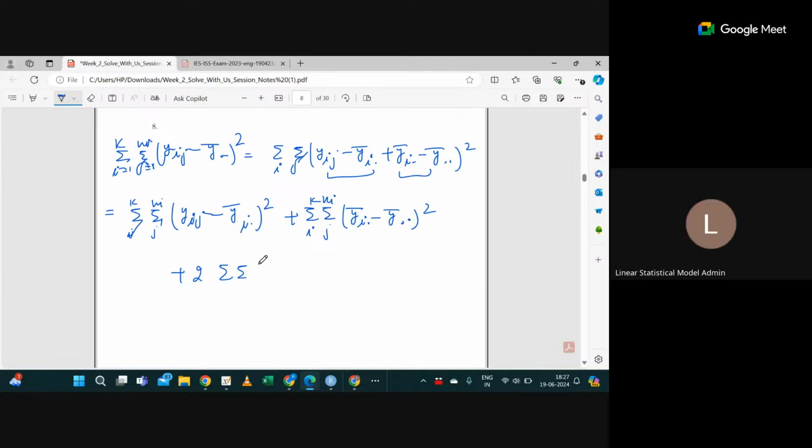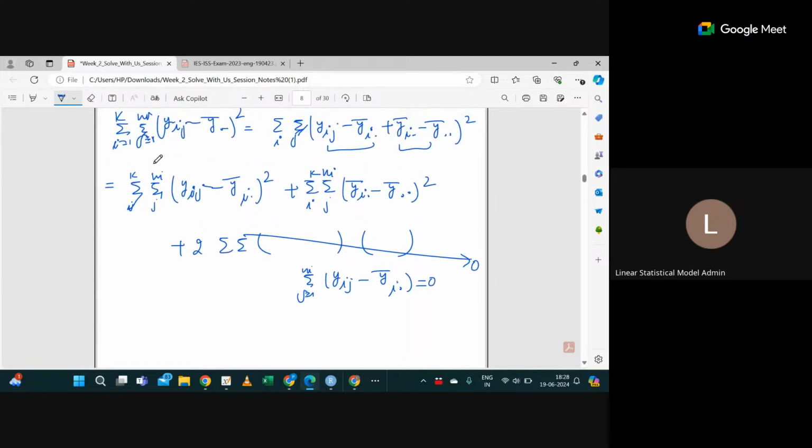If you solve this, there will be one term, summation j equal to 1 to ni of (yij minus y bar i dot), which will be 0. So this cross product term will be 0.